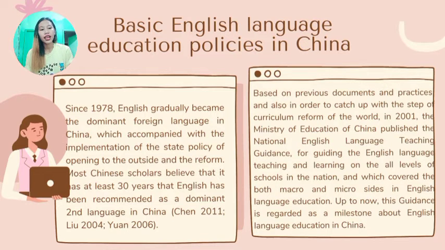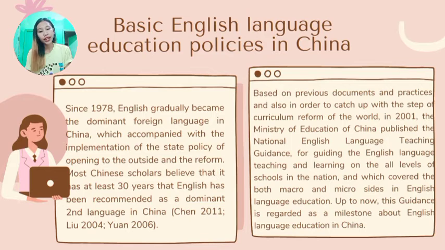Most Chinese scholars believe that for at least 30 years English has been recommended as the dominant second language in China, according to Chain 2011, Blue 2004 and Yuan 2006.